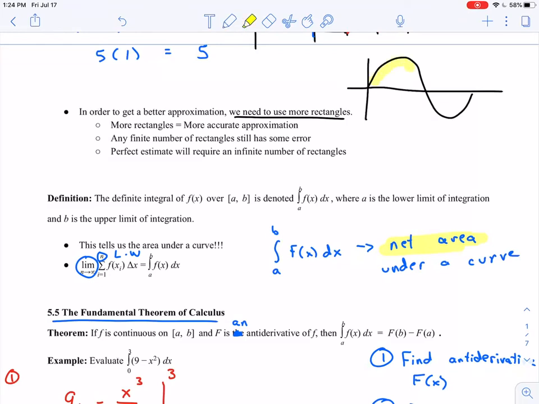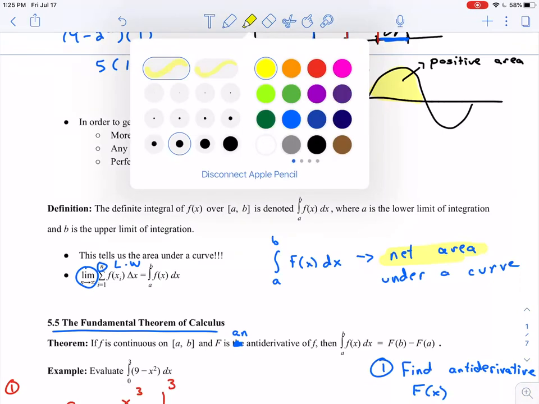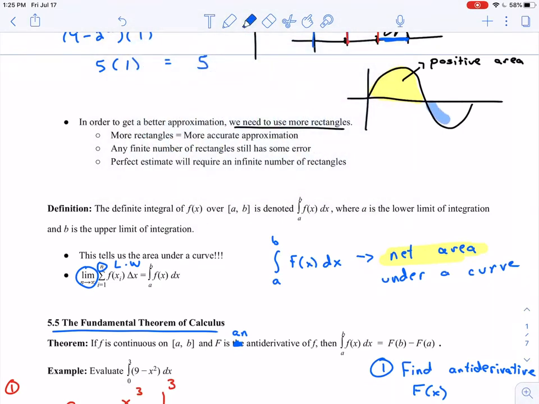Anything above the x-axis counts as positive area. So the definite integral is going to count this as positive area. Anything, however, that falls below the x-axis, so this region right here, the definite integral is going to count as negative area.